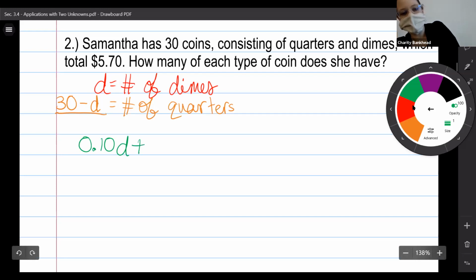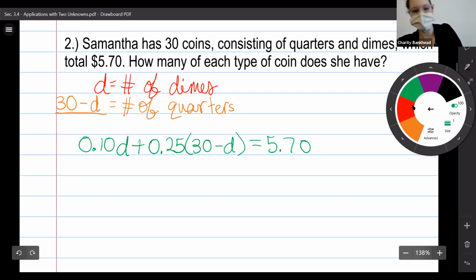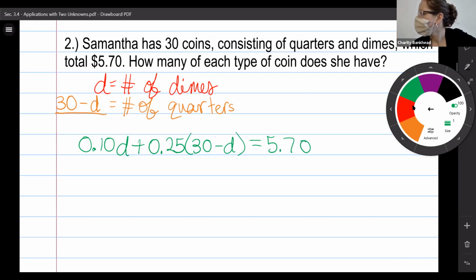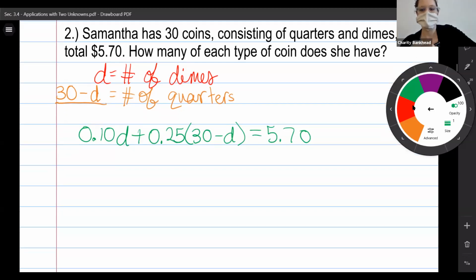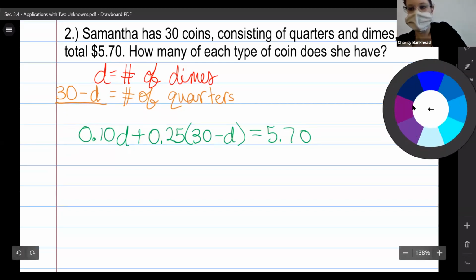And we know quarters are 25 cents each. So I'm going to write 0.25 times the number of quarters, which is 30 minus D. And that's going to equal $5.70. So now I can solve this equation.